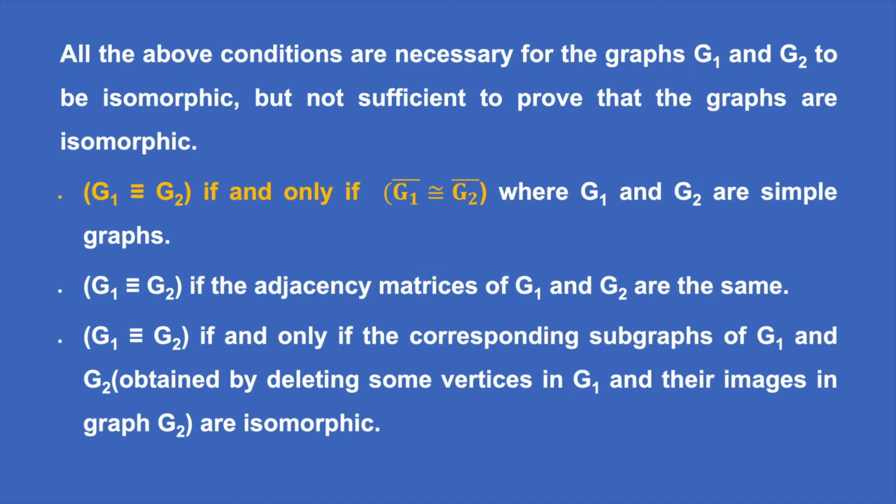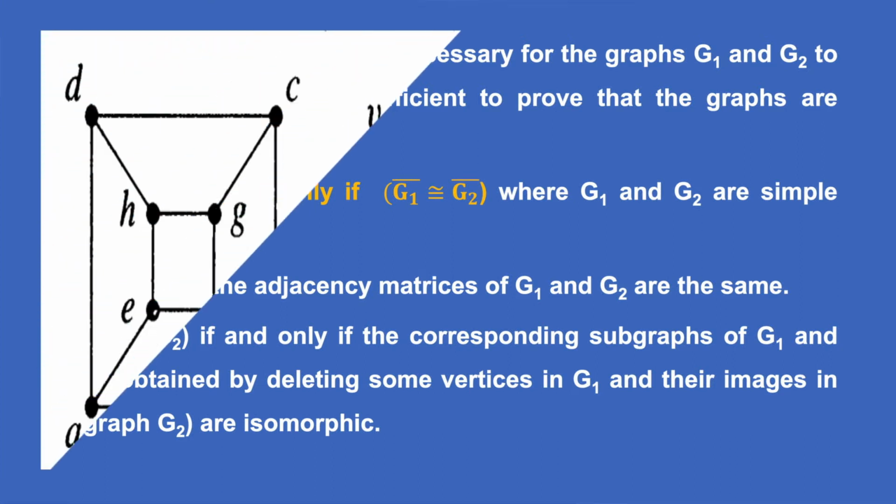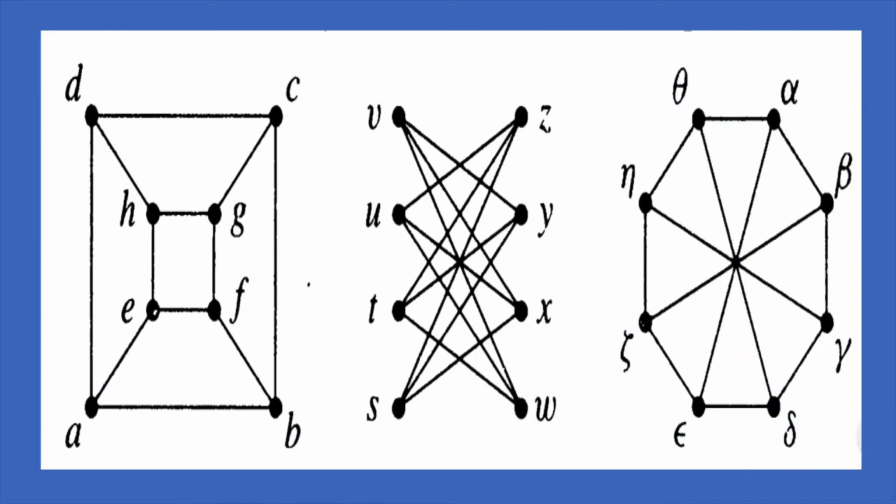G1 is isomorphic to G2 if and only if the corresponding subgraphs of G1 and G2 obtained by deleting some vertices in G1 and their images in the graph G2 are isomorphic. You can see the example of a graph displayed on the screen, and in this graph, using the correspondence that we will be discussing shortly, the first two graphs are isomorphic.